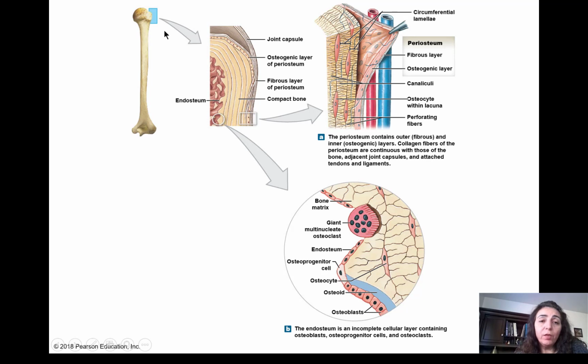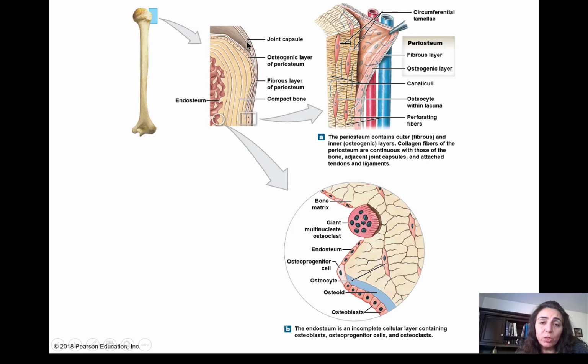So here again, you're looking at one part of the long bone. You see the compact bone around here, and you see the periosteum in the outer layer of the bone. You see that you have a fibrous layer around, and then you have the osteogenic layer inside of that.